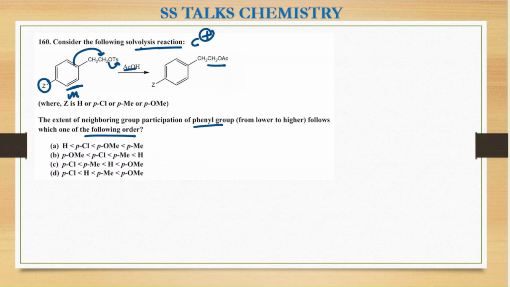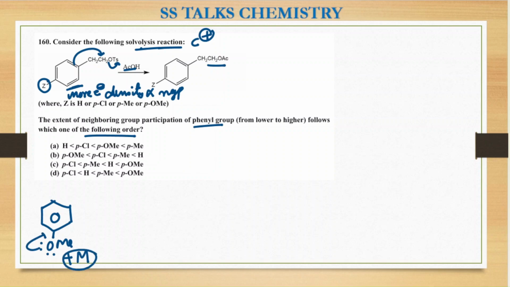So we can say the more the electron density, the more the NGP effect. That is the maximum effect you are going to observe in that case. Now the Z can be hydrogen, fluorine, Me or OMe. These are the four groups that are given to us which we have to compare. If the OMe group is attached to the benzene ring, it will apply the plus M effect over there, right?